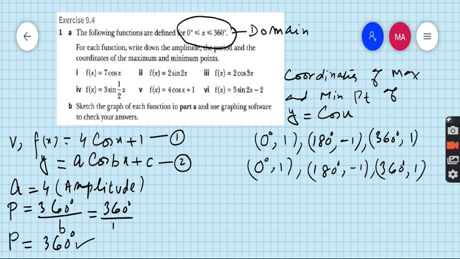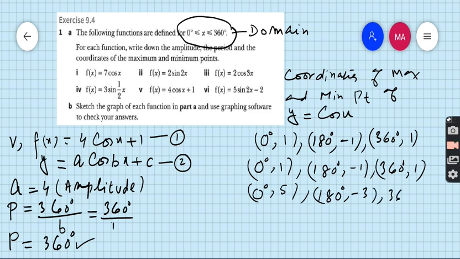If you put cos 0 in equation number 1, then cos 0 is 1, 4 ones are 4, 4 plus 1 is 5. So the first coordinate is 5. Then put cos 180 degree. Cos 180 is minus 1. 4 into minus 1 is minus 4. Minus 4 plus 1 is minus 3. So at 180 degree, minus 3.